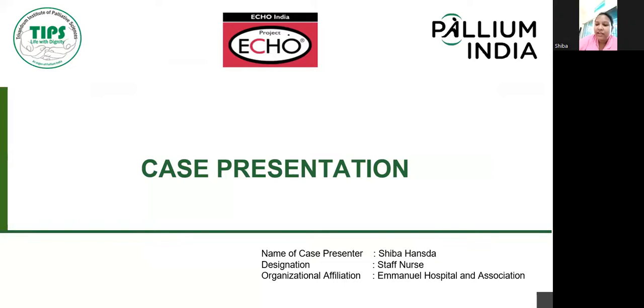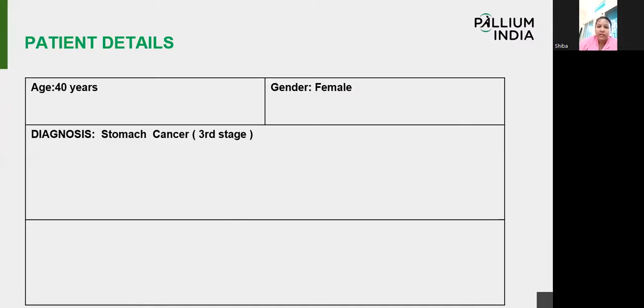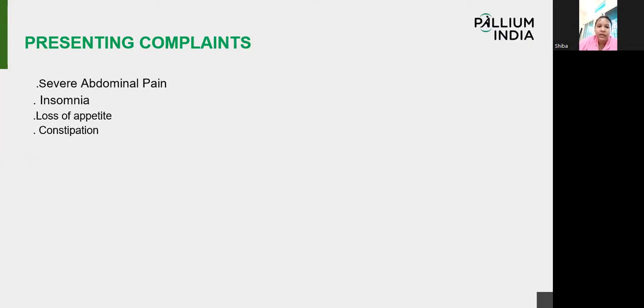Good evening to everyone. Today I'm going to present my case presentation. My name is Shiba. I'm a staff nurse at Emmanuel Hospital Association. My patient is 40 years old, female, and the diagnosis is stomach cancer in the 3rd stage. Her presenting complaints are insomnia, loss of appetite, and constipation.